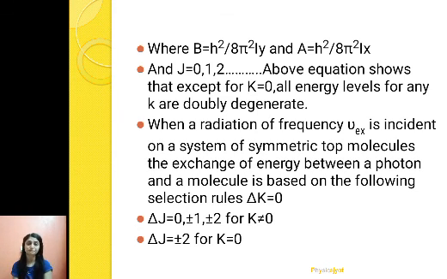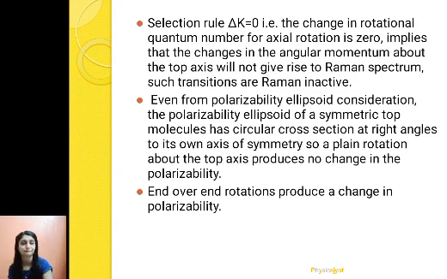Now here the selection rules will be delta K. In case of linear molecules, we had two selection rules, delta J equals 0 and delta J equals plus minus 2. Here we have the selection rules delta J equals 0, plus minus 1, plus minus 2 for K not equal to 0, and delta J equals plus minus 2 for K equals 0. Now we will see the selection rules one by one.